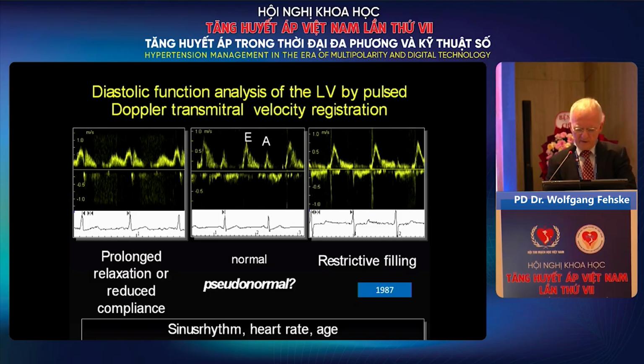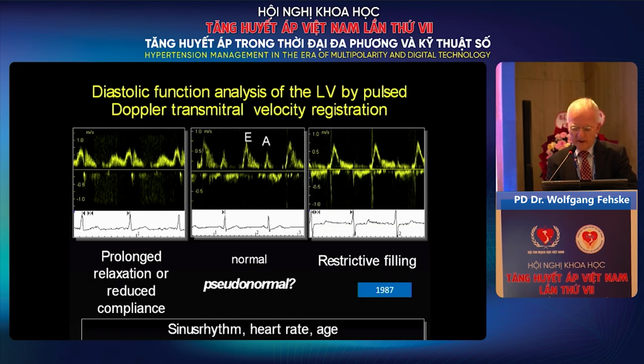Prolonged relaxation, we thought, was the only reason for a smaller E wave, and then we could not differentiate in these patients if this is normal or pseudo-normal, but we know exactly that if there are normal conditions all around, then if you have only a high E wave, you could be very sure that this would be more or less a question of restricted filling.